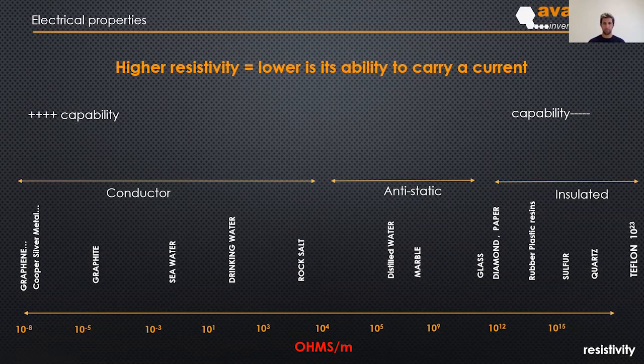In the last decades, most of the materials that humans have produced, rubber, plastic, composites, are insulators. This has generated some strong problems.